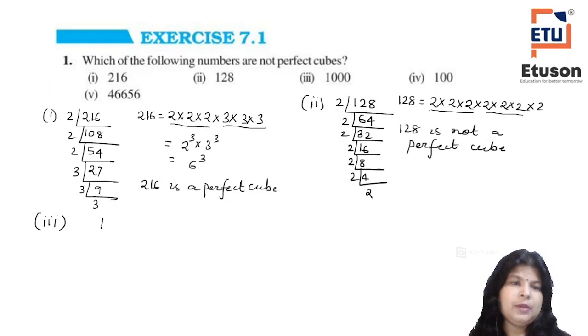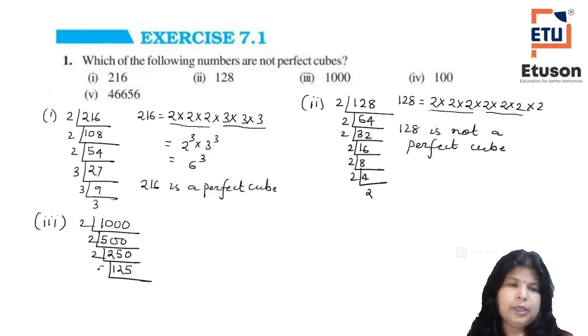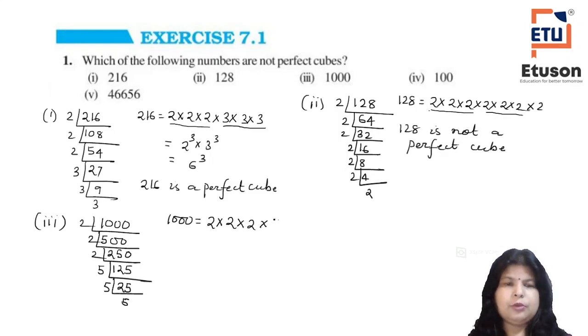Now, bit 3. You have 1000 here. Divided by 2, 500. Divided by 2, 250. Divided by 2, 125. Then divided by 5, you get 25. Then divided by 5, you get 5. So let us write down the prime factors of 1000, that is 2 into 2 into 2 into 5 into 5 into 5.